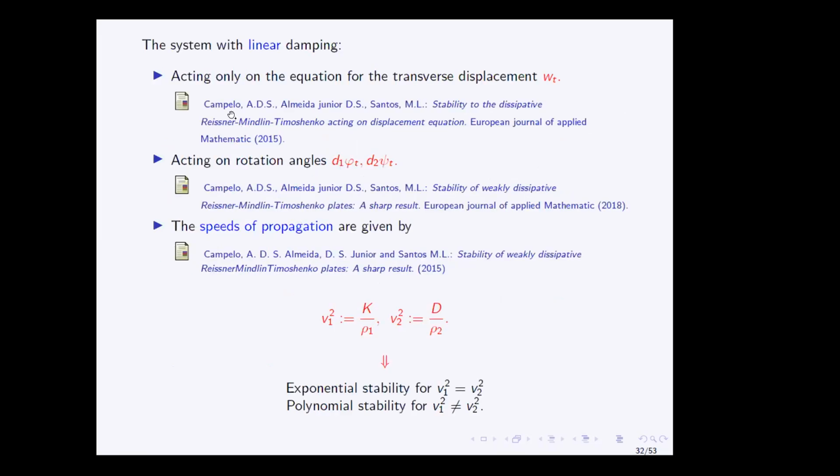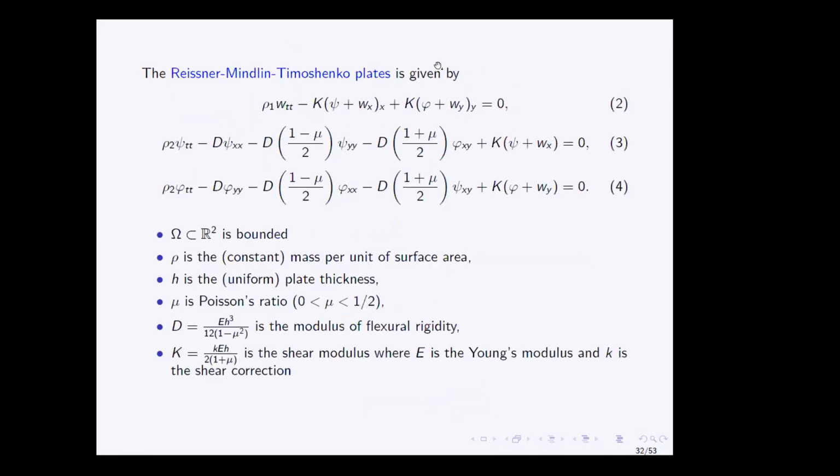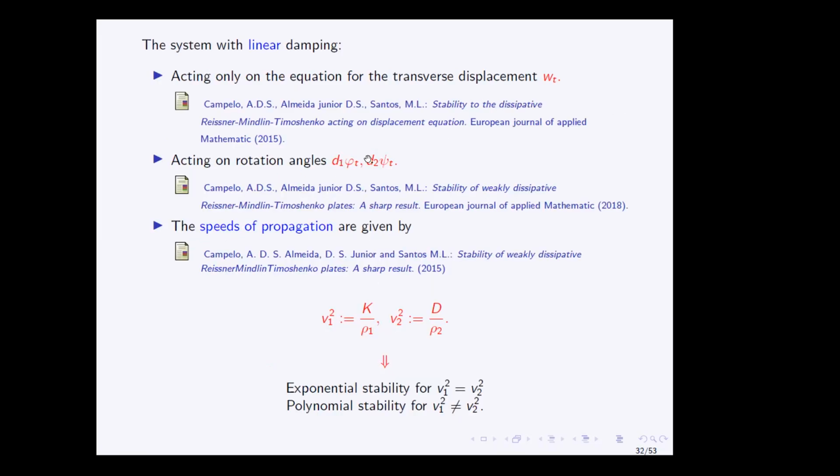A little overview about the results obtained. So this system with a linear damping acting only on the first equation, that means if we add a linear term to the first equation, to the displacement vector, and also if we add two linear damping terms to the second and the third equation, we prove that the exponential stability is obtained if and only if we have V1 square equal to V2 square.